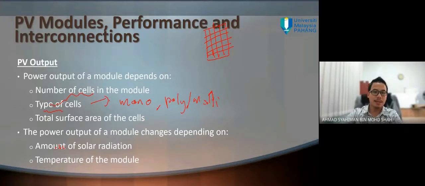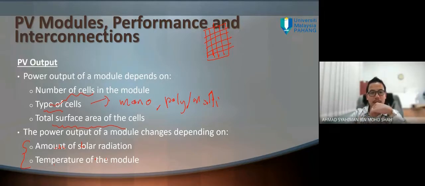So next is the total surface of the cell. It depends on the total surface area of the cells. And then the most important thing is these two. The power of the module changes depending on two factors that affect the output of the solar module. What is that?